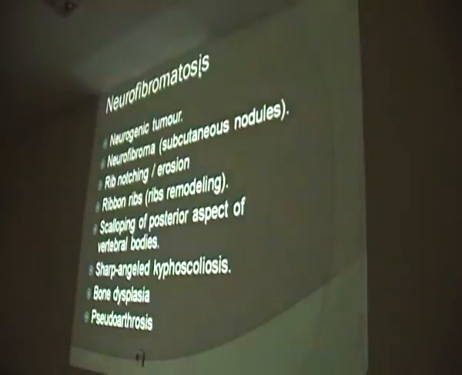You can see the tumor itself. You can see the neurofibroma on the skin. You can see the erosion of the rib. And sometimes the erosion causes the rib to remodel, causing ribbon ribs. Very boring, right? So we should see pictures, more interesting, right?